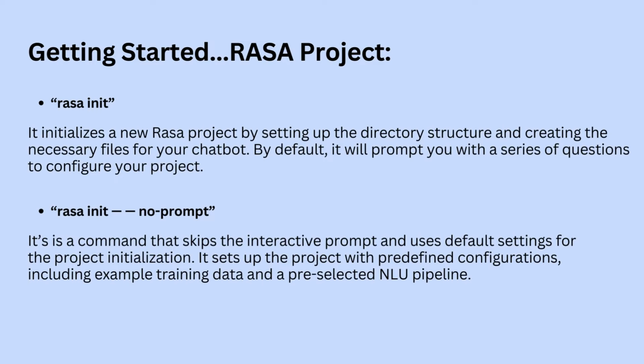So when we run the first command, which is rasa init, it initializes a new Rasa project by setting up a directory structure and creating the necessary files for your own chatbot. And by default, it will do so through prompting you with a series of questions to configure your project.